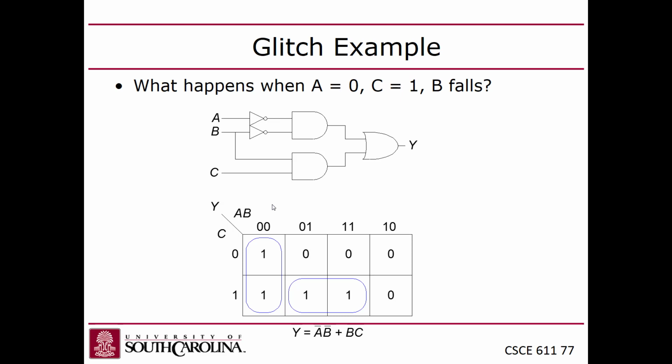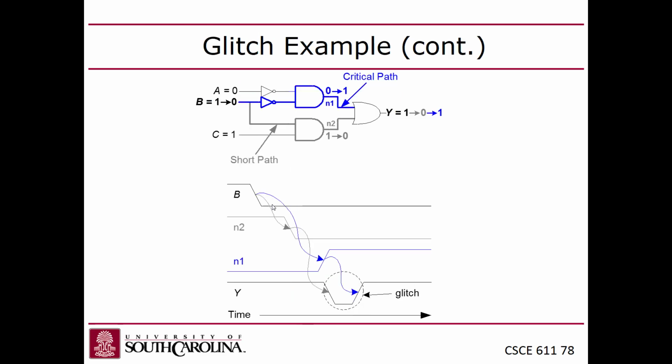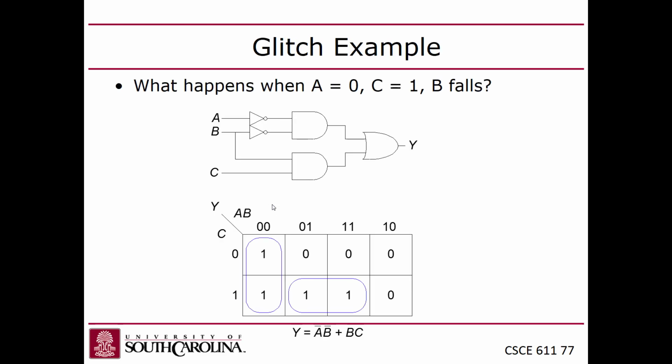Who cares? Well, let's look at an example where A is 0 and C is 1. What that means is these are both AND gates. So if A is 0, I've got one AND gate with a 1 coming into it. And if C is 1, I've got this bottom AND gate with a 1 coming into it.